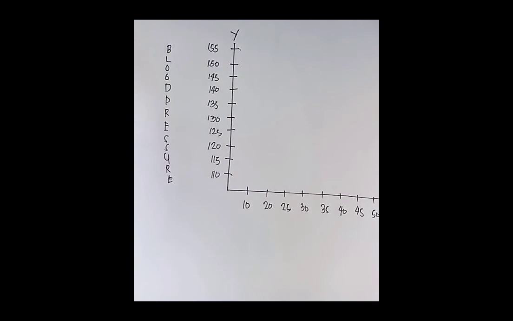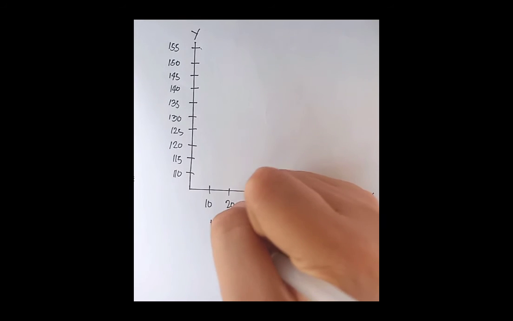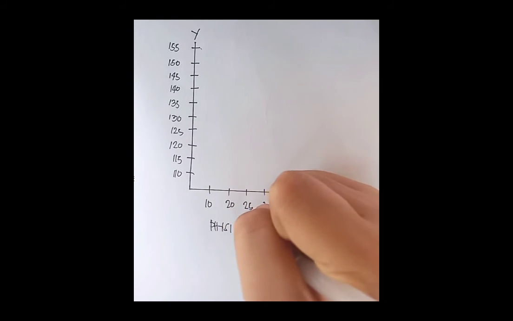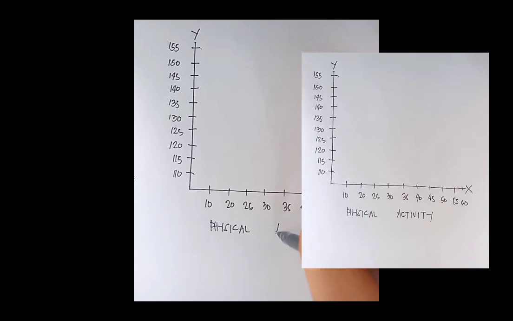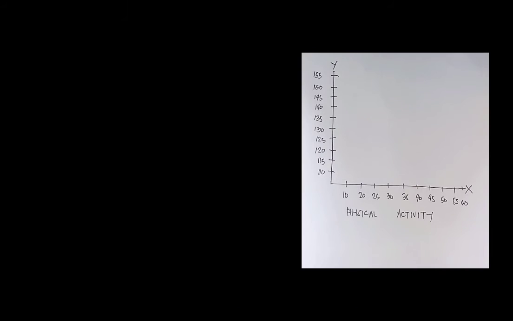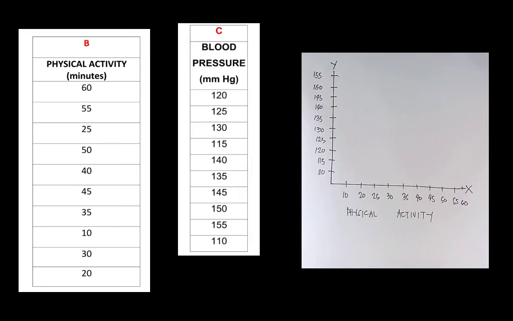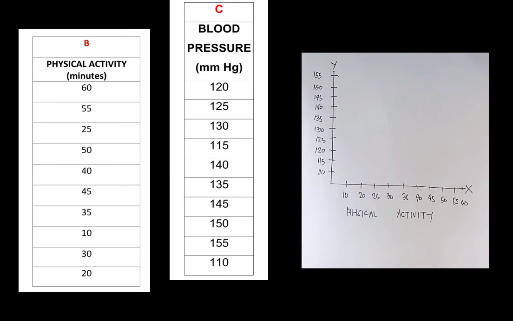And in our x-axis, we have our physical activity. So we are going to put a dot based on our given data of physical activity and blood pressure. So this is our data of physical activity and blood pressure.